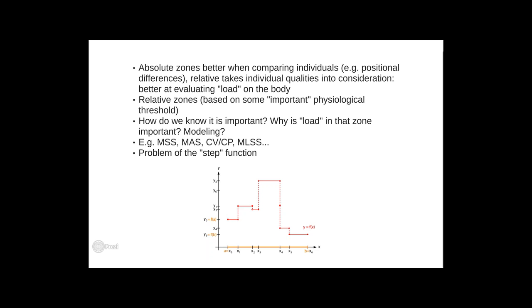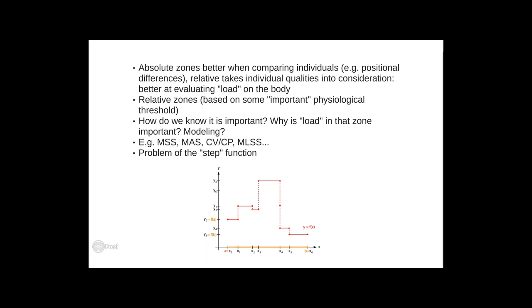That might be improvement in maximum aerobic speed, or improvement in actual game performance. So again, as with absolute zones, relative zones are a step forward, but we still need to validate what's the best physiological threshold to use.